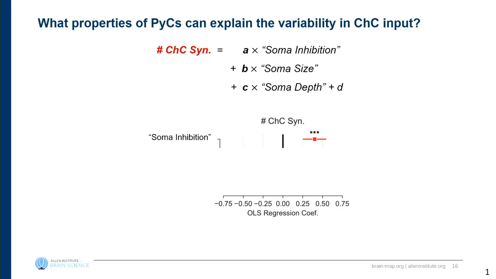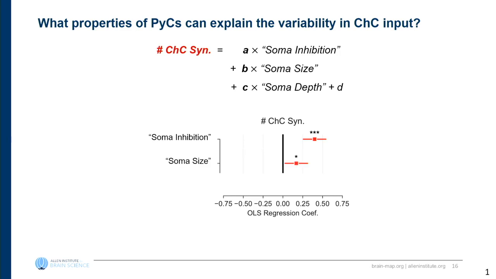A positive coefficient here means that there's a positive correlation between this value, in this case soma inhibition, and the number of Chandelier synapses that a pyramidal neuron receives. So what this means, for example, is that the more input a pyramidal cell gets from other inhibitory cell types, the more Chandelier cell input the same cell receives.